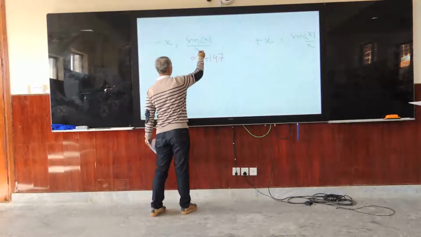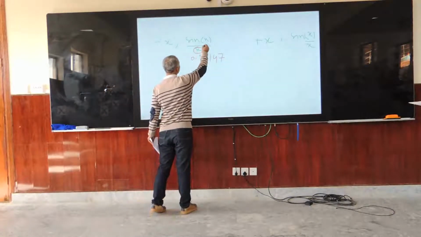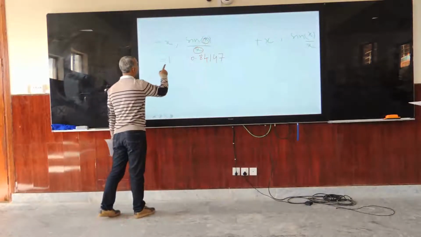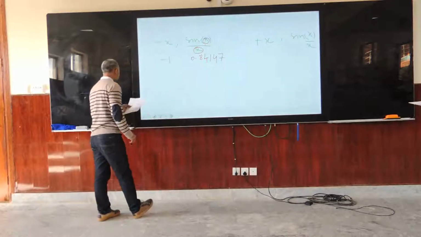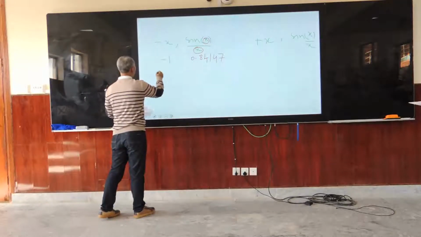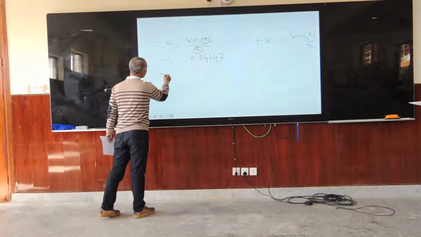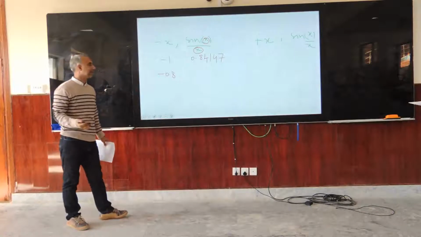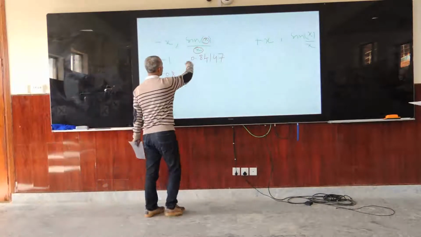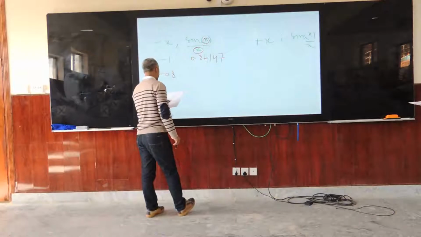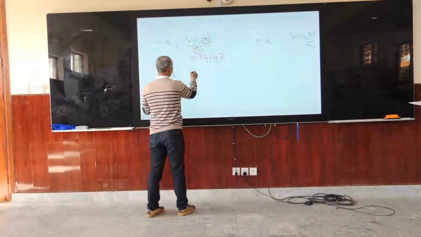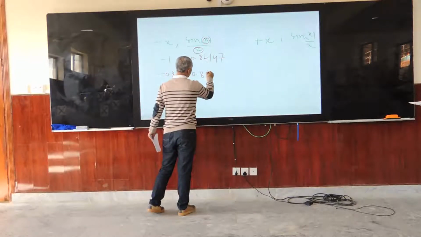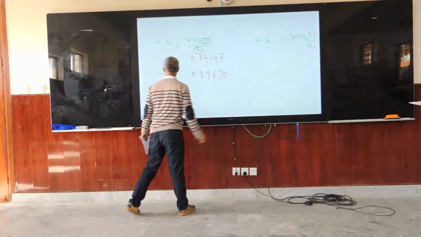This is attained by substituting the value of x here as well as here, but this x value is negative 1. Similarly, considering x in the negative side with a random step, with an interval of 0.2, substituting in the numerator and denominator we get 0.89670.